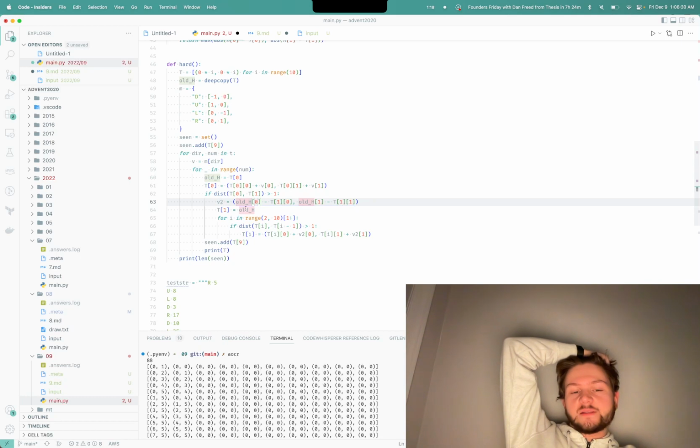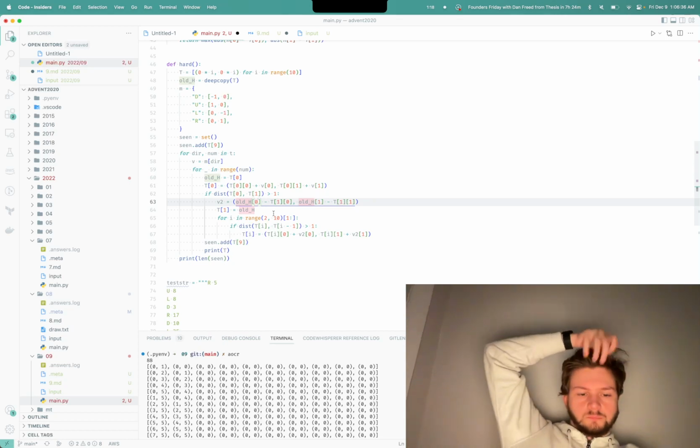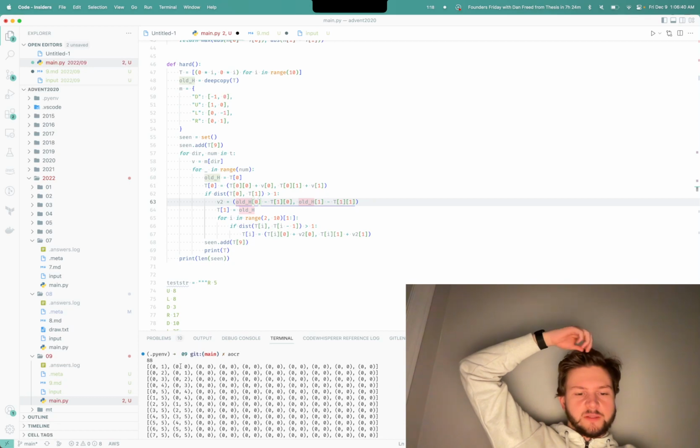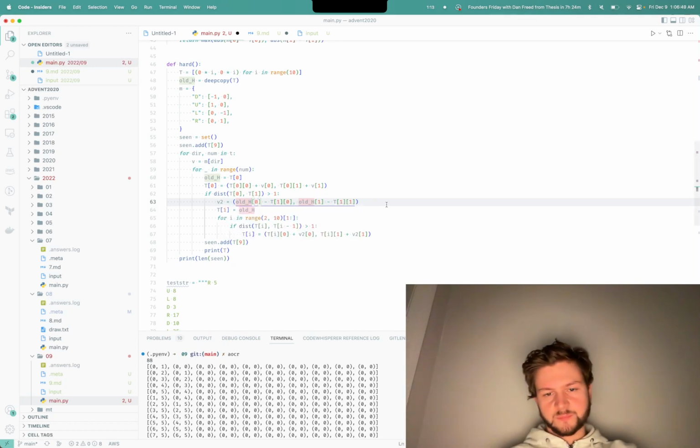T is this. So if this one will become this one, because it's using the old value, then, okay.